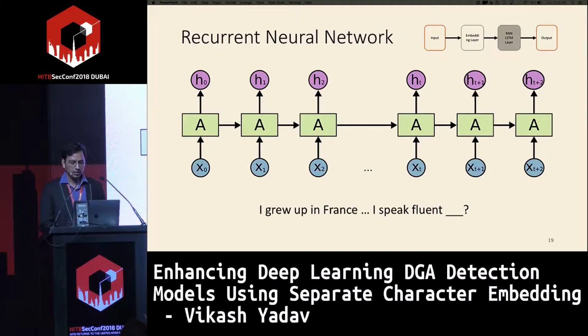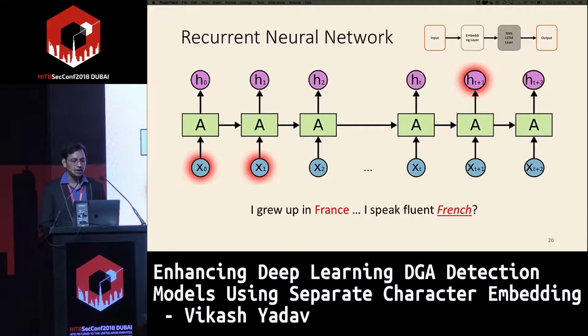So here, predicting the next word, French, is dependent on the keyword France that occurs much earlier in the sequence. And because of the recurrent structure of these RNNs, the model is able to capture this long-term dependency in the sequence to make the correct prediction.